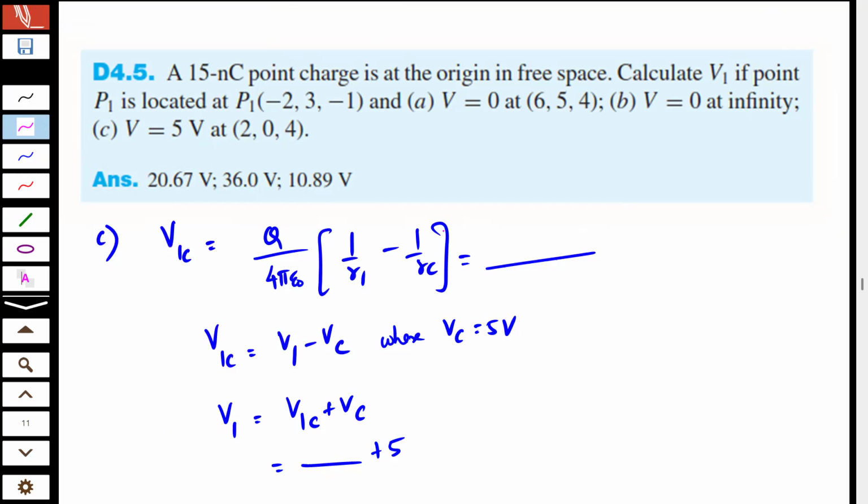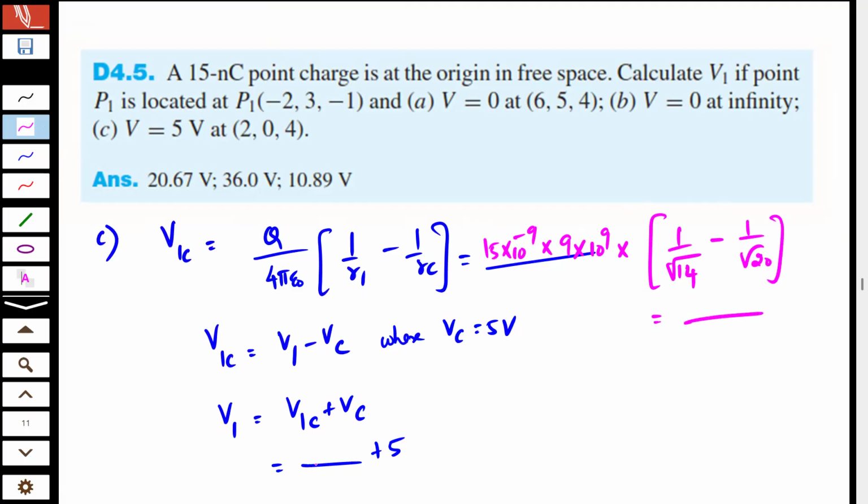Q is 15 nano and 1 by 4 pi epsilon naught is 9 into 10 power 9. 1 by R1 is 1 by root 14 and RC we have already computed, which is root 20. So 1 by root 14 minus 1 by root 20 you should compute, and that same answer should be added with 5.